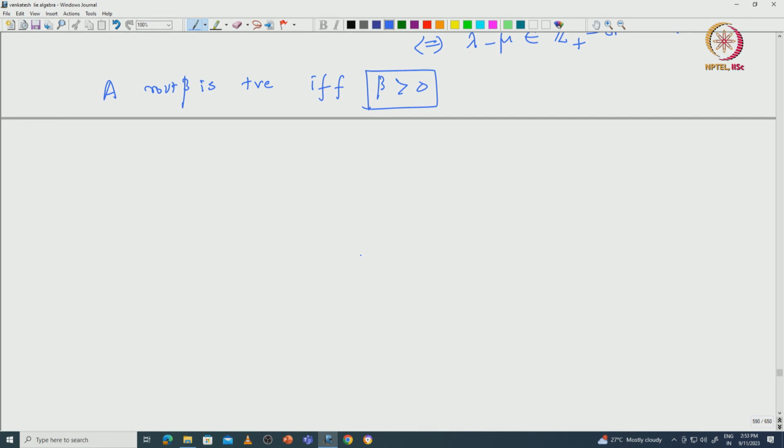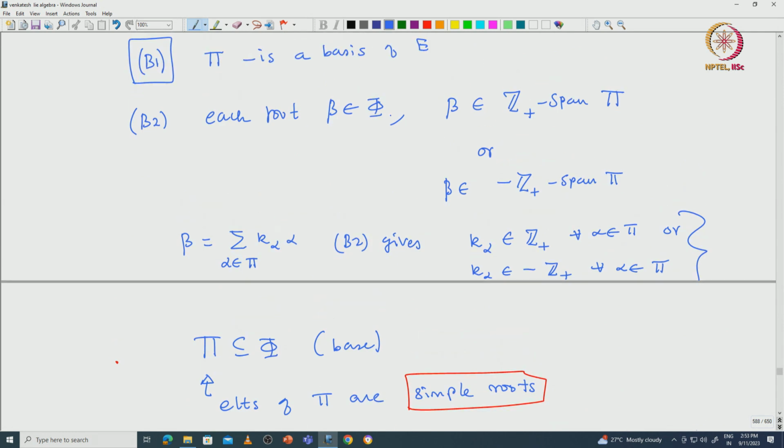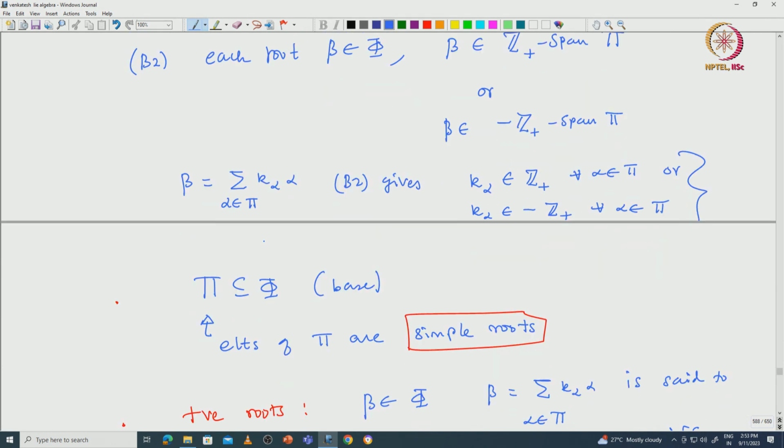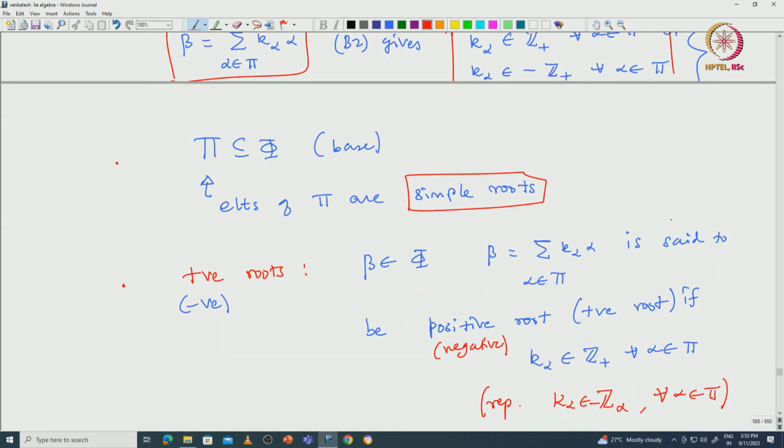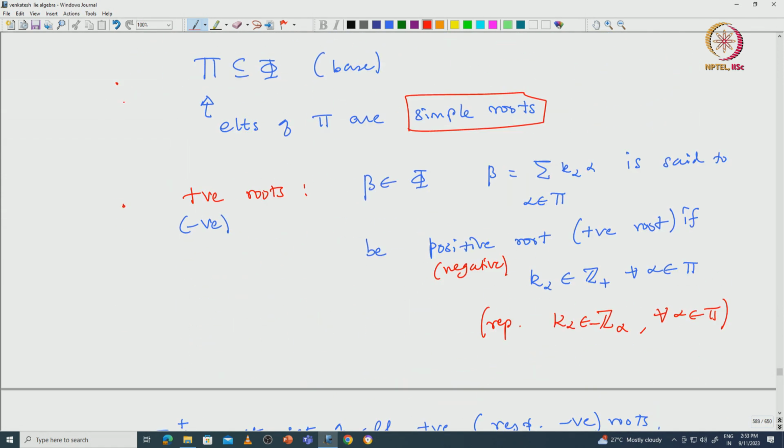But there is no guarantee that we have a base, because of the second axiom, which demands that you can write any root β in Φ as either a non-negative integral linear combination of elements of Π or a non-positive one. This is a very strong condition, very demanding, so we need to check this second condition if we want to prove existence of a base.